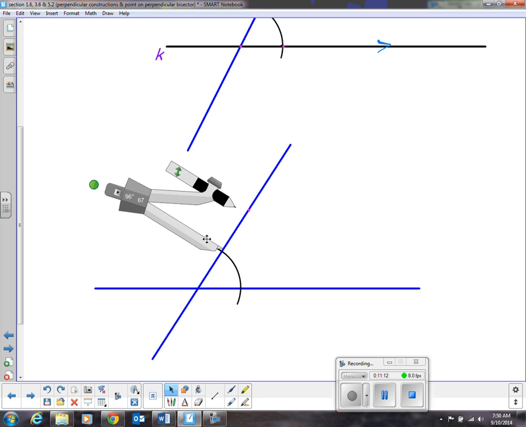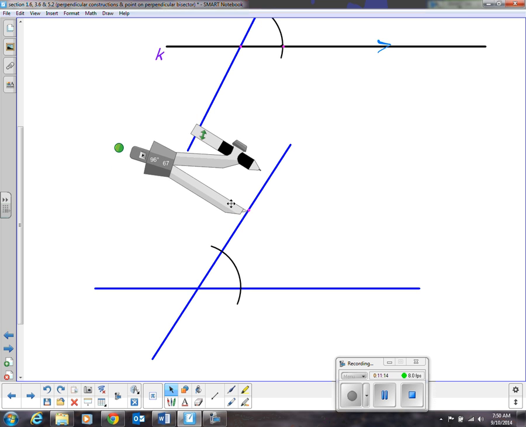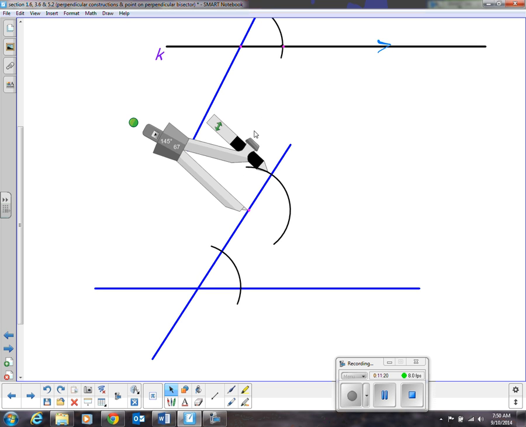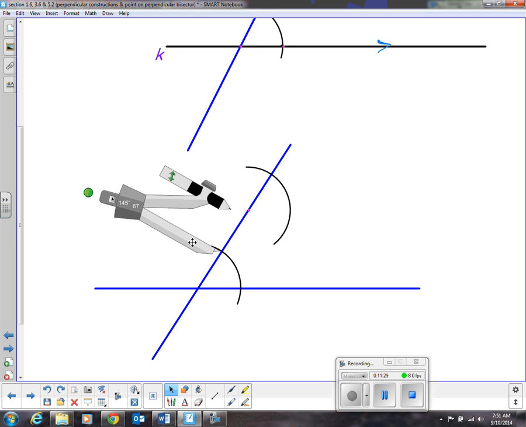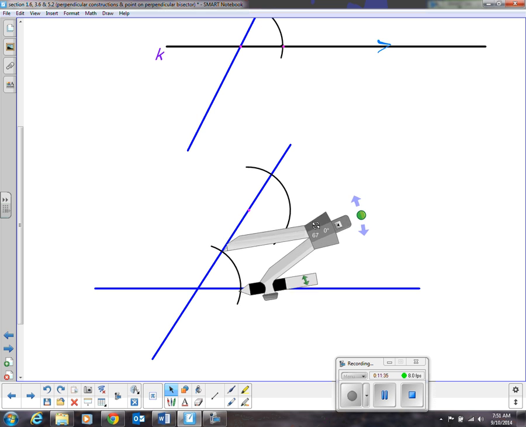We're going to slide it up to this point, and we're going to draw another arc. So those arcs are congruent, I should say the radii. Then we're going to come back down here and measure the opening. So I'm going to come down here, and that's a little bit big.